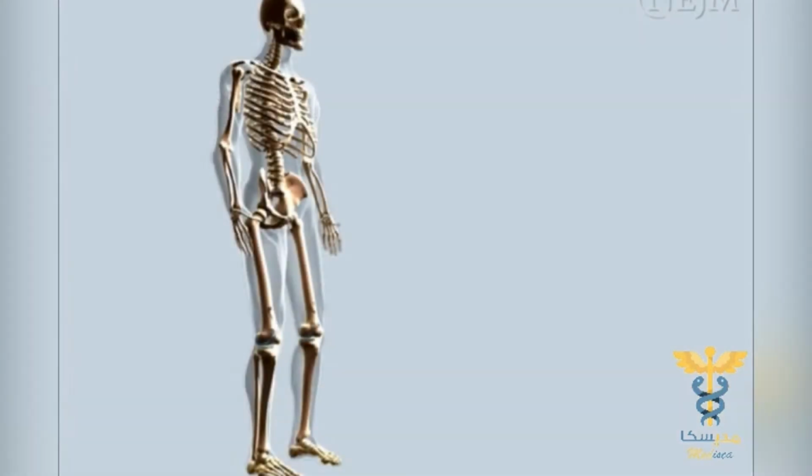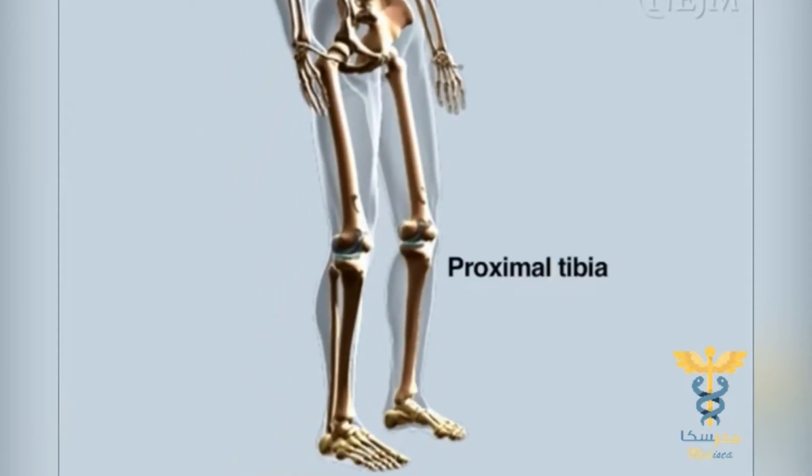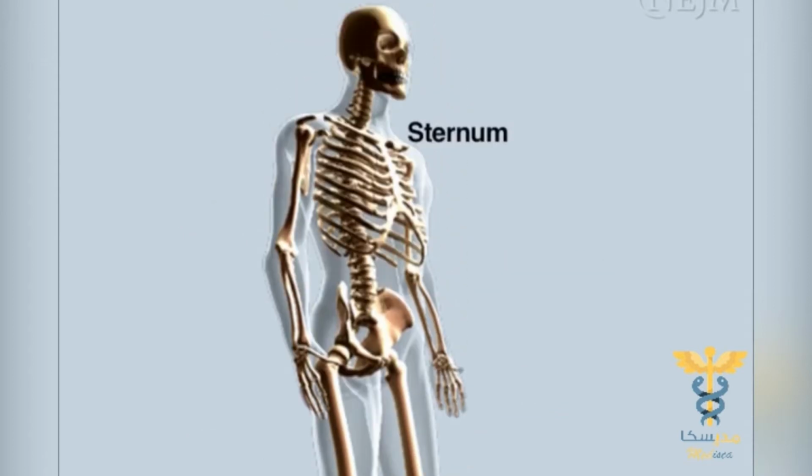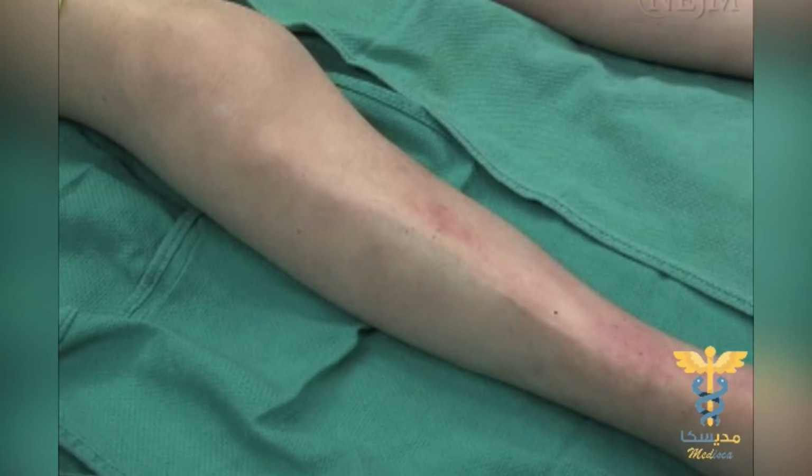A number of sites can be used for intraosseous needle insertion in an adult, such as the proximal tibia, the distal femur, the calcaneus, the sternum, the humerus, and the styloid of the radius. When a mechanical insertion device is used, the anteromedial surface of the proximal tibia is the preferred site of insertion because it is easy to locate, it presents a flat, wide surface for insertion, and the subcutaneous layers overlying the bone are thin.